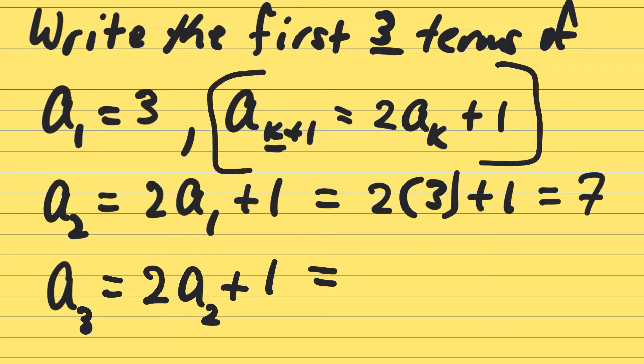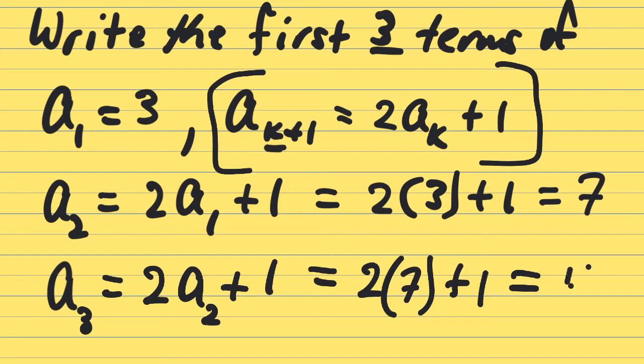Okay, so our previous answer was 7, so that's 2 times 7 plus 1. And what's that total? 15. All right, so that's the first 3 terms of that recursive sequence.